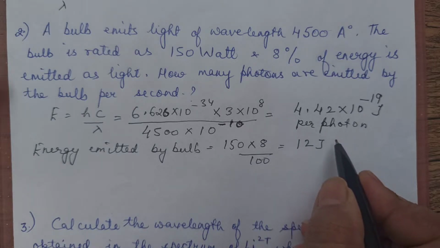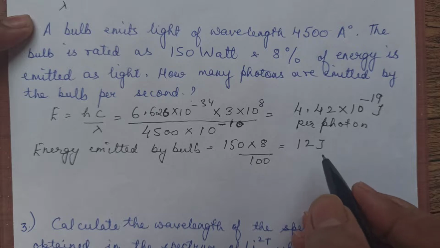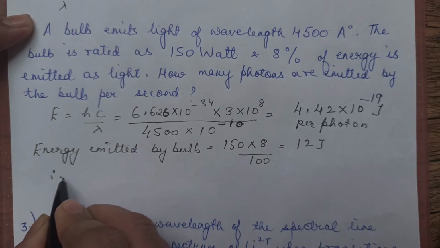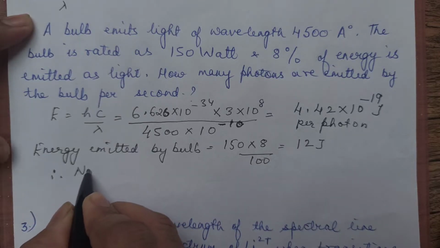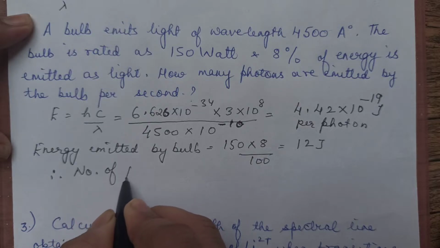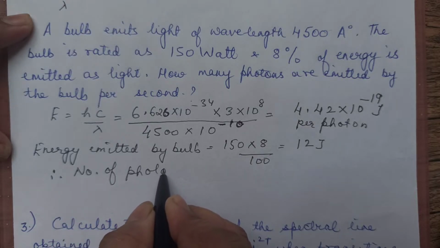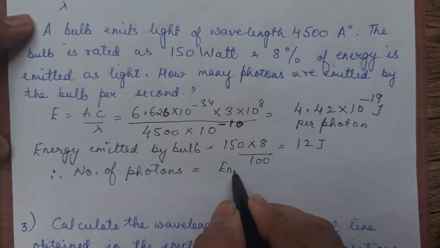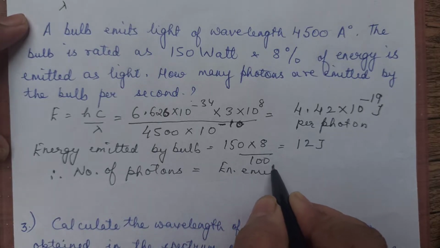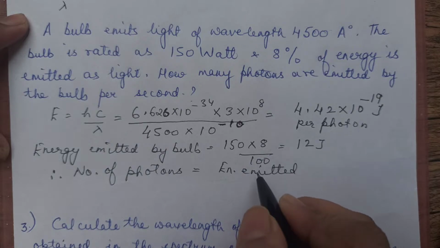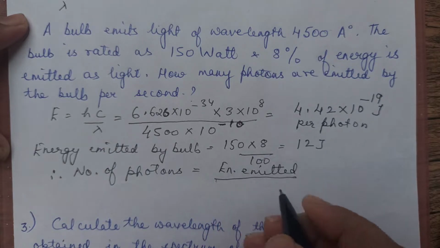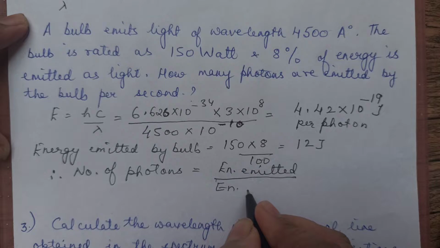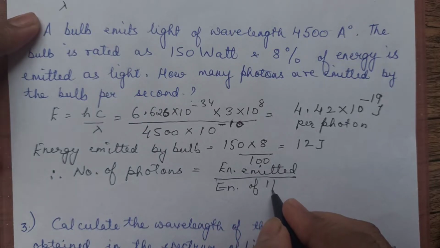They are asking us how many photons will be emitted. For that, what we will do? Therefore, the number of photons will be equal to the energy emitted by the bulb divided by the energy of one photon.